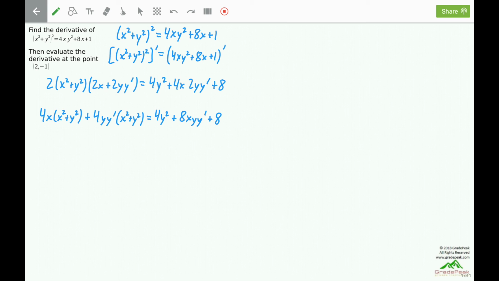We want to isolate the y prime terms. They want to be on one side together. So we're going to subtract this over to the left side, and we're going to subtract this term over to the right side because it does not have a y prime.